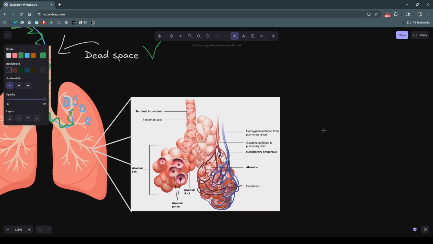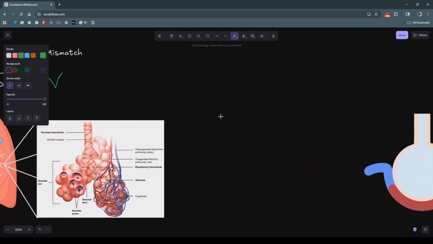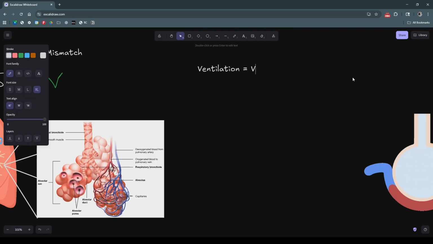And moving into a discussion now about what VQ ratio is, we should probably start by defining these things. So we've got ventilation represented as V, and this is our airflow, right? And we also have perfusion represented by a Q, which is our blood flow, right?